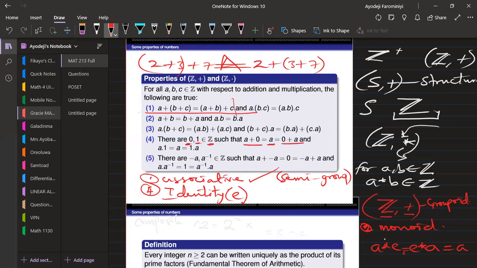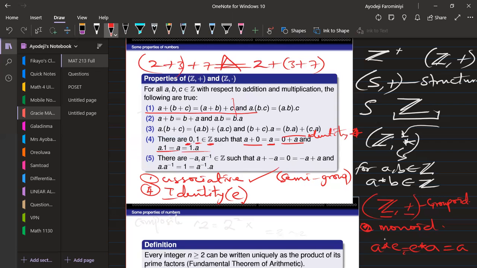So 0 is what we call the identity element under addition, and 1 is the identity element under multiplication for the set of integers. Are you following? Yes, sir.